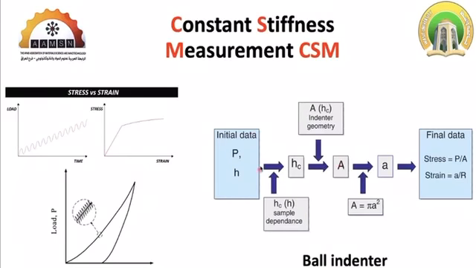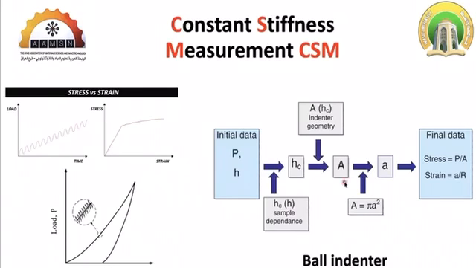So the outcome of the machine is P and h, the load and the penetration depth, and we can get hc from them, and then we can get Ac using the same procedure that was already described in the last slide. And I forgot to mention that this test is performed using a ball indenter. It has to be done using a ball indenter.